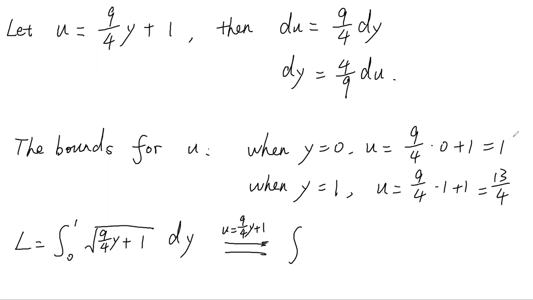Now the lower bound will become 1, and the upper bound will become 13/4. And the integrand, because we let u be 9/4 y plus 1, which is the function inside the square root, is just the square root of u. And dy, we have dy is equal to 4/9 du. So it's 4/9 du here.